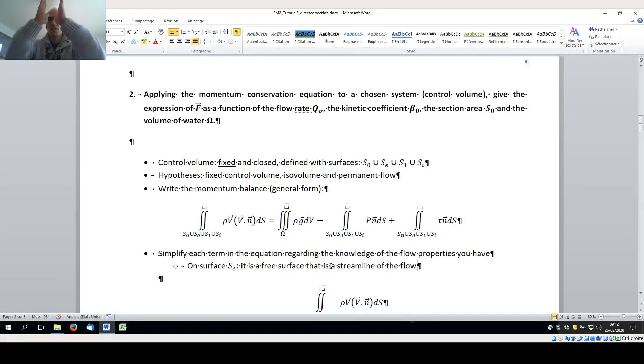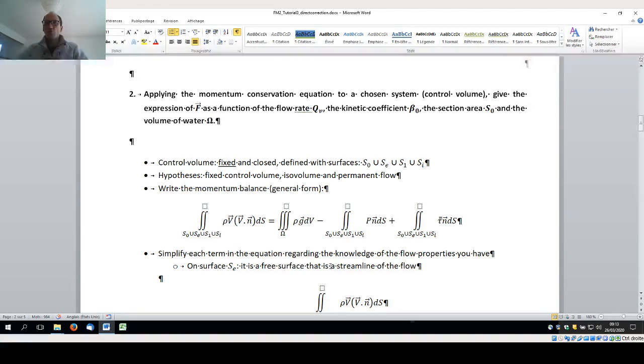The water jet is getting out, and this free surface, this surface SE, is really a streamline. A point on this free surface stays on the free surface.